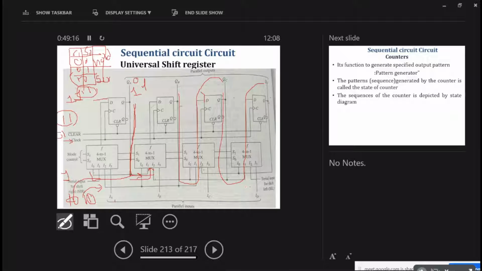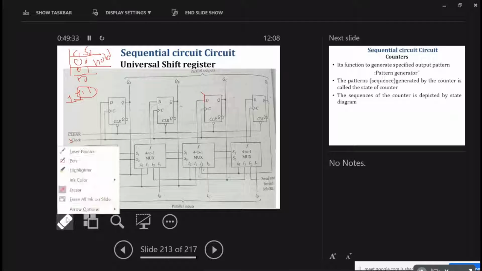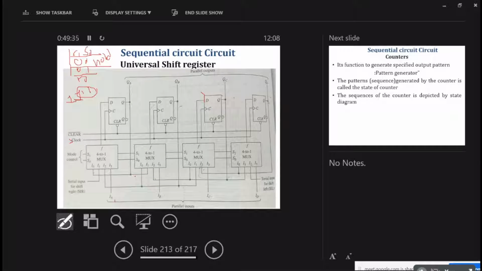And what about serial input? Serial input for shift left. Just like shift right, for the shift left, what will be the mode control signal? Those are 1 0. So for shift left, the pin is I2.